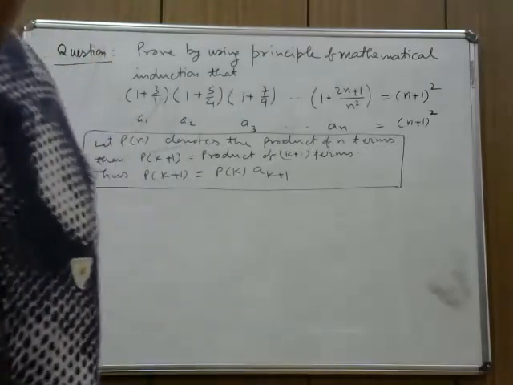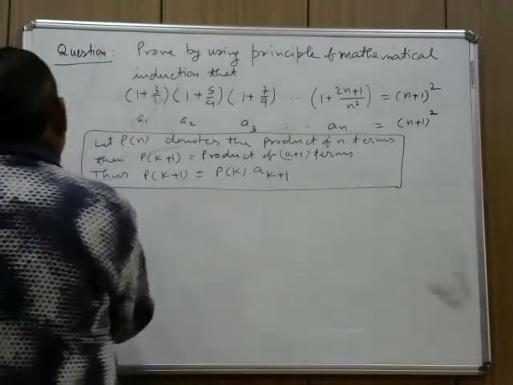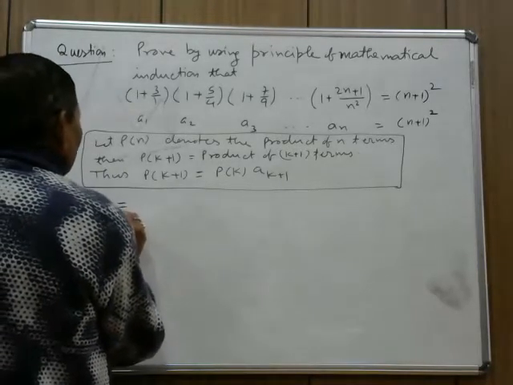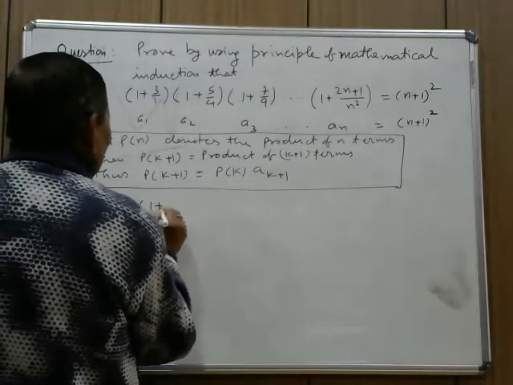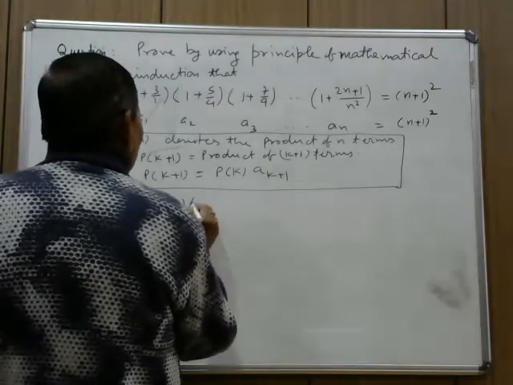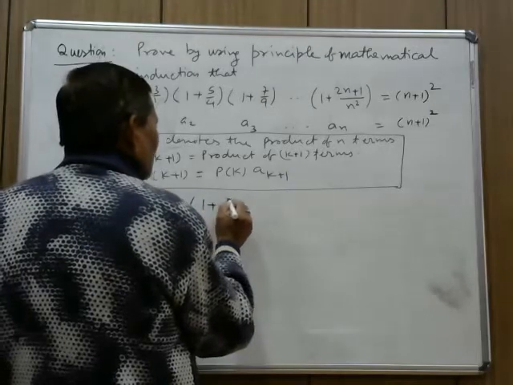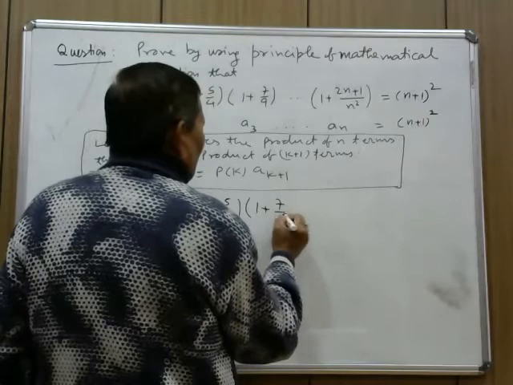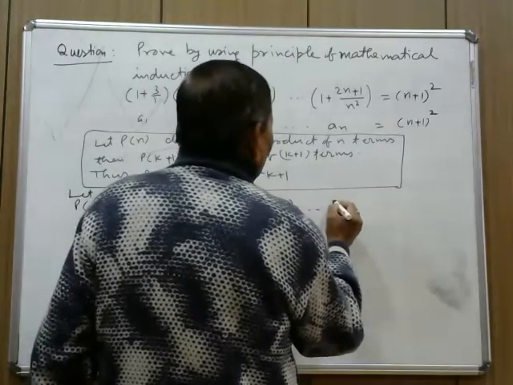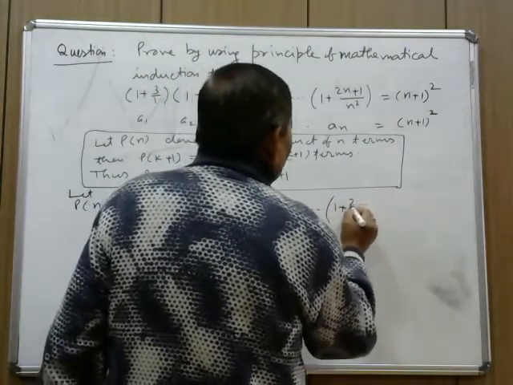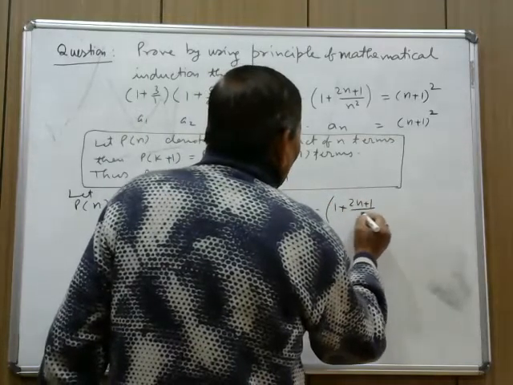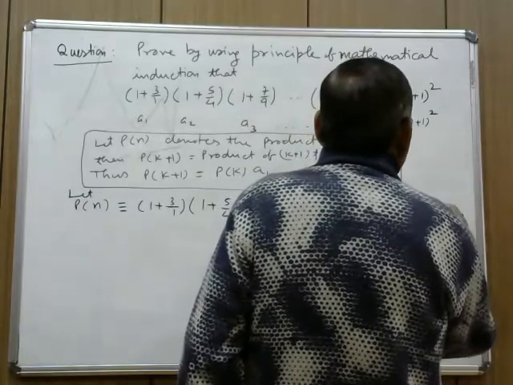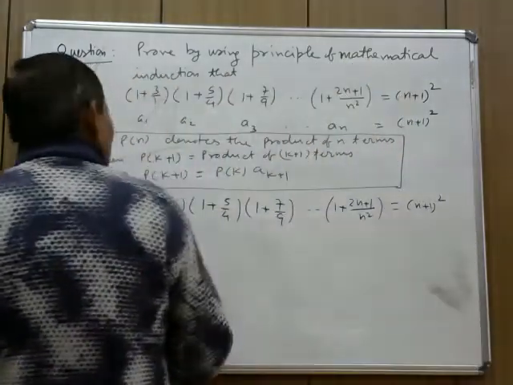So now we can write, let P of n be the product of n terms: 1 plus 3 upon 1 multiplied by 1 plus 5 upon 4 multiplied by 1 plus 7 upon 9 and so on, multiplied by 1 plus 2n plus 1 upon n square, that is equal to n plus 1 whole square. This is 1.